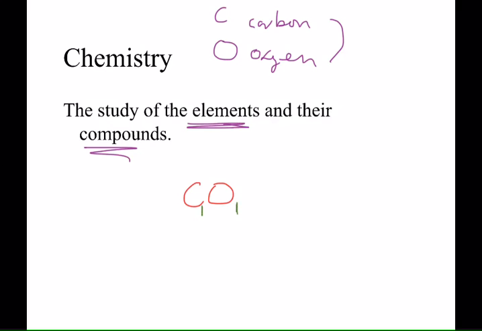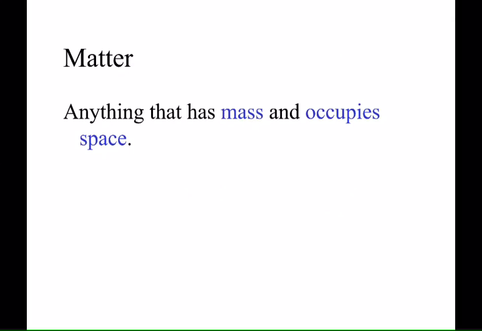That's an example of a compound. All carbon monoxide molecules have that same repeating unit. If I were to ask you what's the formula for water, you would tell me it's H2O, where we have two hydrogens and one oxygen stuck together in a repeating unit.